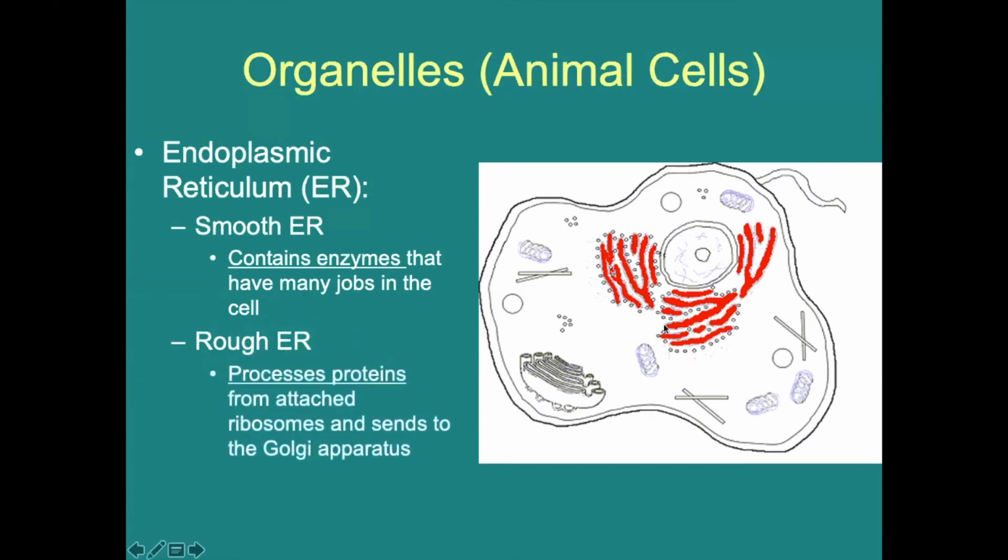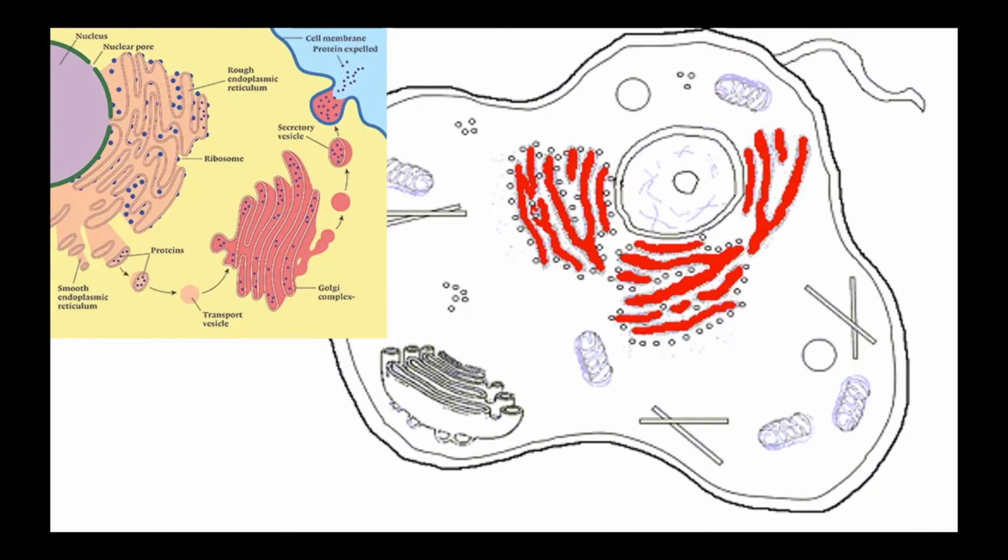The rough ER is what we're talking about. It's called rough because it looks bumpy with all those ribosomes attached to it. And it is going to process the proteins from the attached ribosomes and send them to our next thing, the Golgi apparatus. And what do I mean by process? By process, I mean it is going to look at this protein that was just made and figure out what it's for.